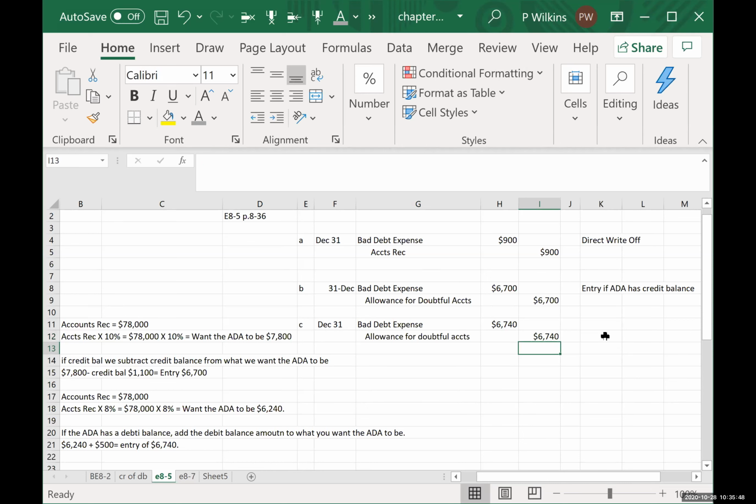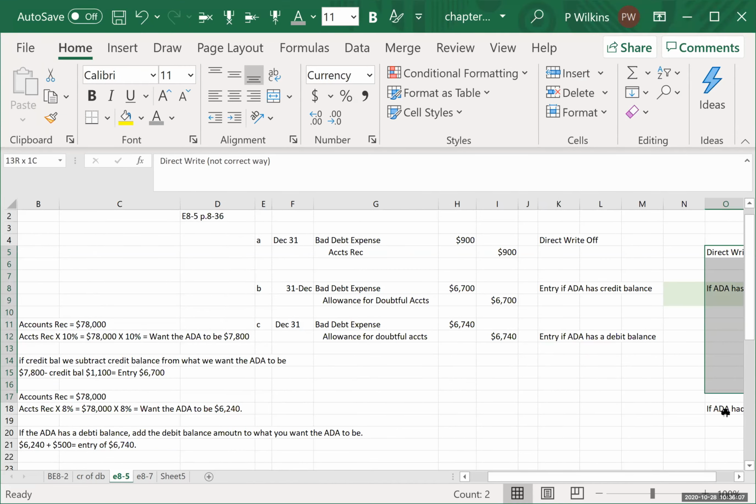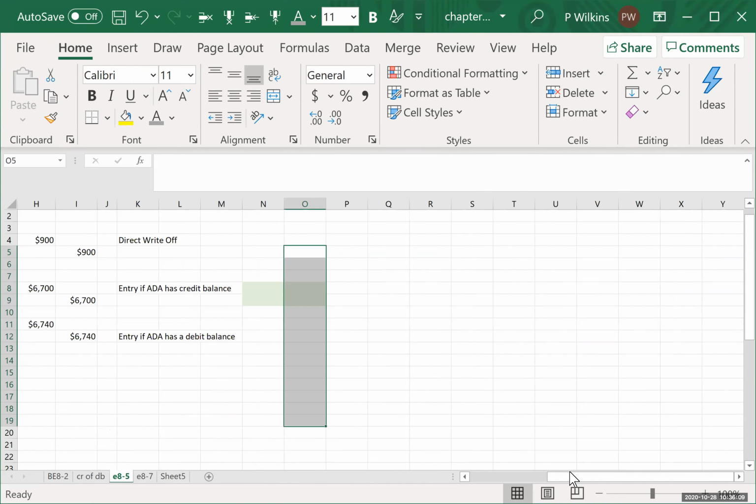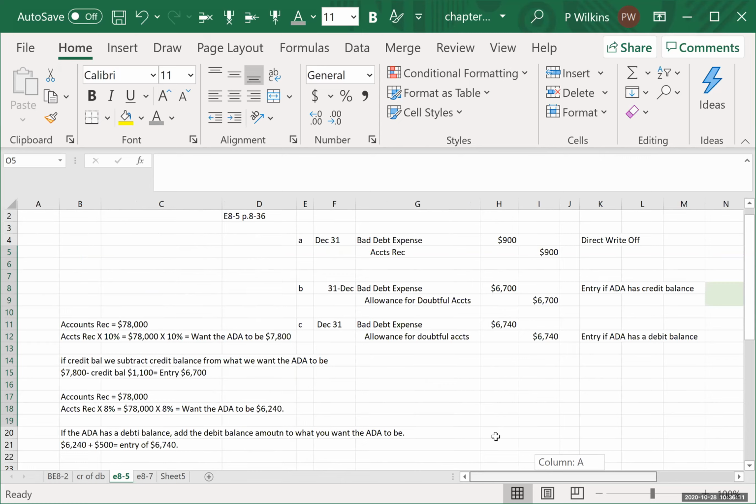Okay, and this is the entry if ADA has a debit balance. And what I'm also going to share with you here is what the T accounts look like for each one of these.